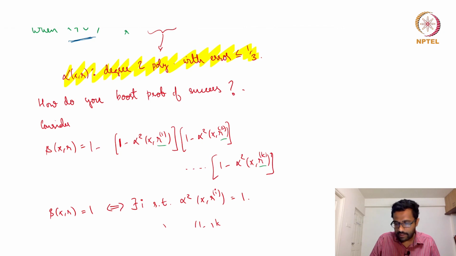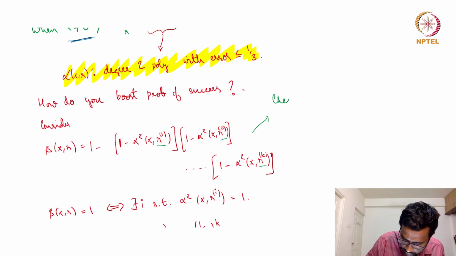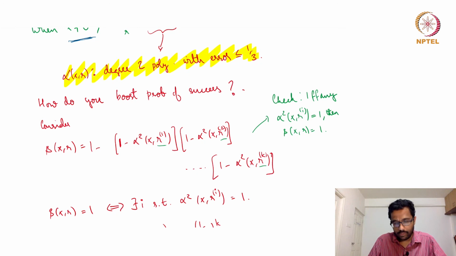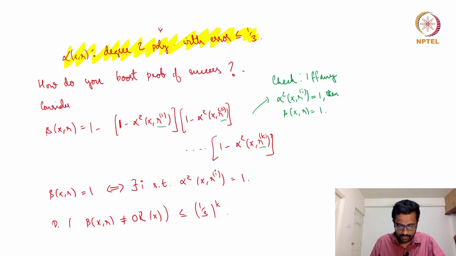So there are k such sets, and you can check that if any alpha square x ri is equal to 1, then this whole thing, which I am calling beta, beta xr will be 1 if and only if this happens. So you have 1 minus 1 minus 1 minus everything, take the product and then 1 minus that.